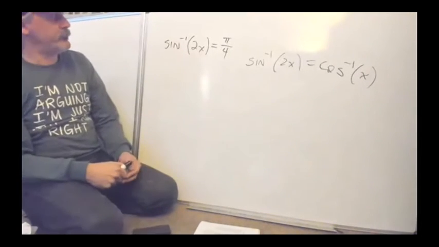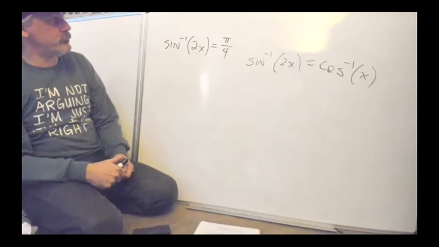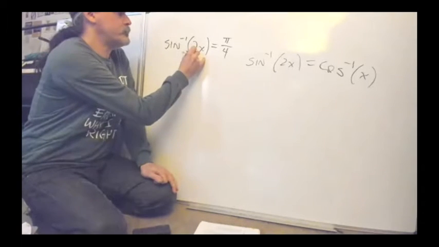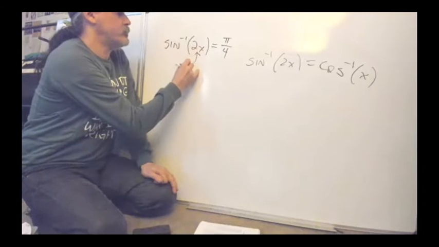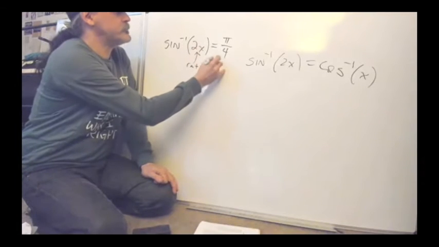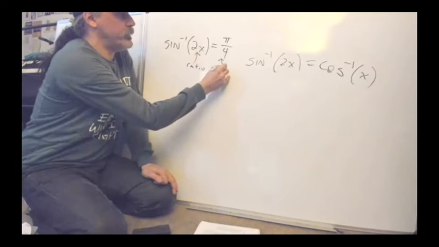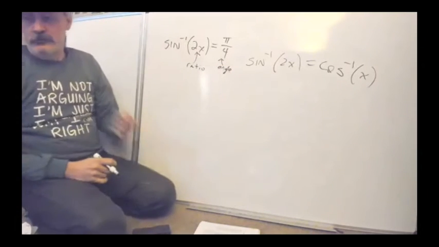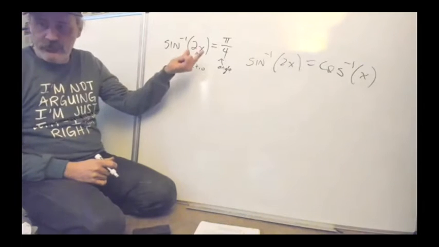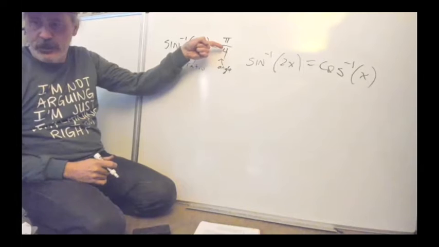So if we want to solve this, what does this mean? Well, this is giving us the ratio 2x, and we already know where it occurs based upon the angle pi over 4. So we're told that the sine of some ratio is going to occur at pi over 4.